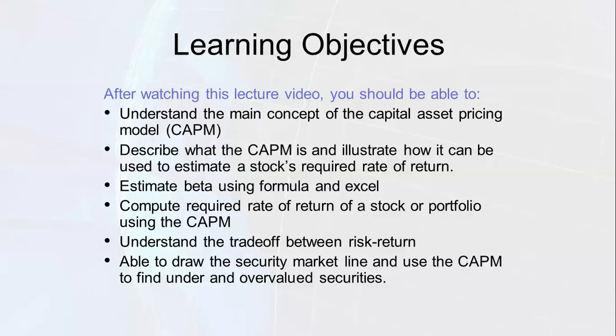Compute the required rate of return of a stock or a portfolio using the CAPM. Understand the trade-off between risk and return. Be able to draw the security market line and use the CAPM to find undervalued and overvalued securities. So these are the main learning objectives.